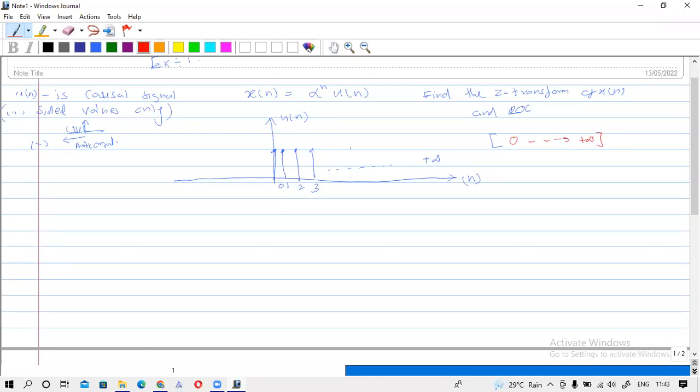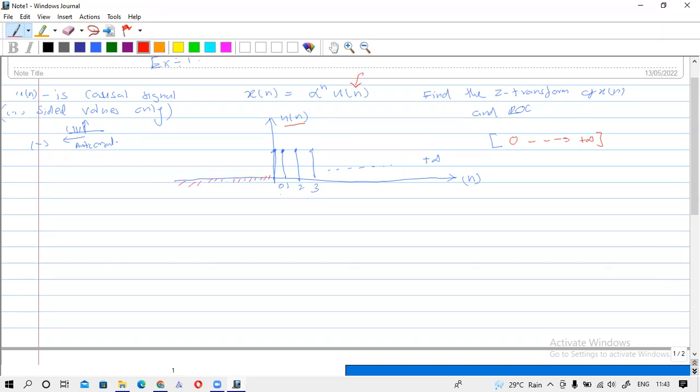That is how the unit step function is defined. So if you are given this u[n], that means the n should be 0 to plus infinity. No minus-sided values are there.